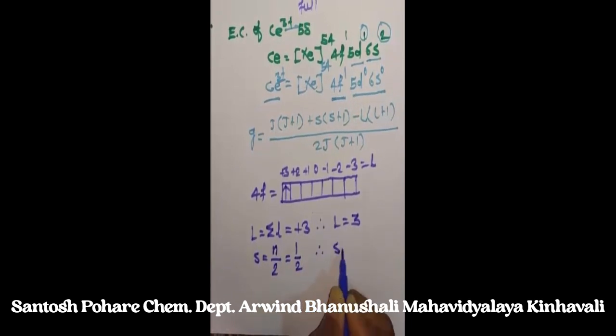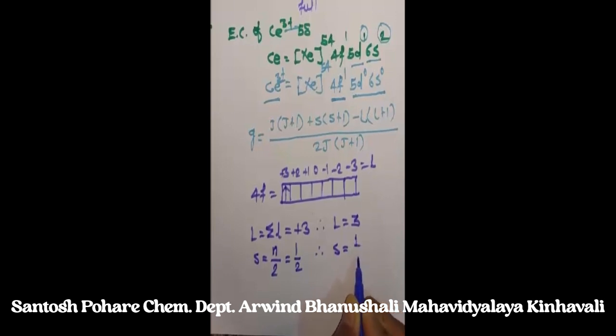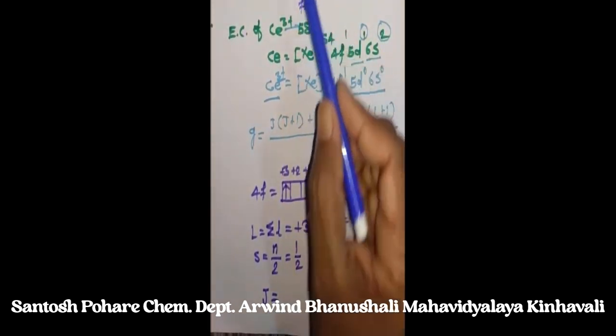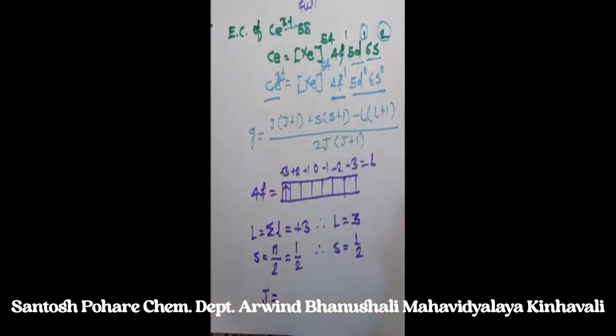Therefore S, that is the total spin of the electron, is 1 by 2. So you got the values of L and S. Now we have to calculate the value of J. So there are 2 values: either one is L minus S and another is L plus S. So which value do we have to take?